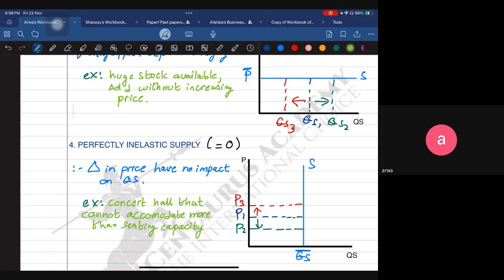If all the people there have one area where they go and buy food, the prices in that food stall might increase and decrease, but the supply is going to be limited because there's only a limited number of people in the concert hall. Does that make sense or no? No, something related to the seating. Seating. Okay.